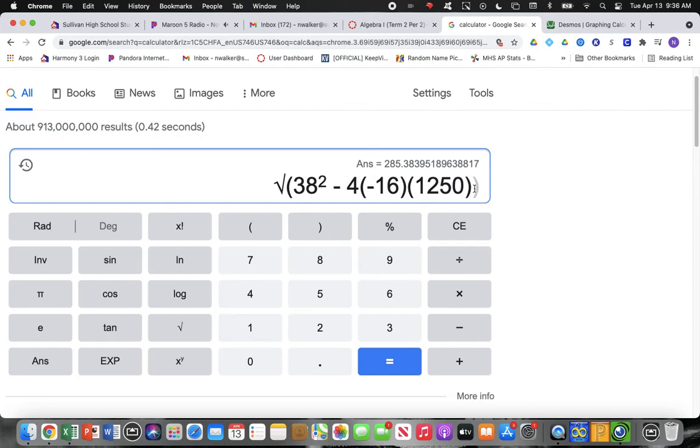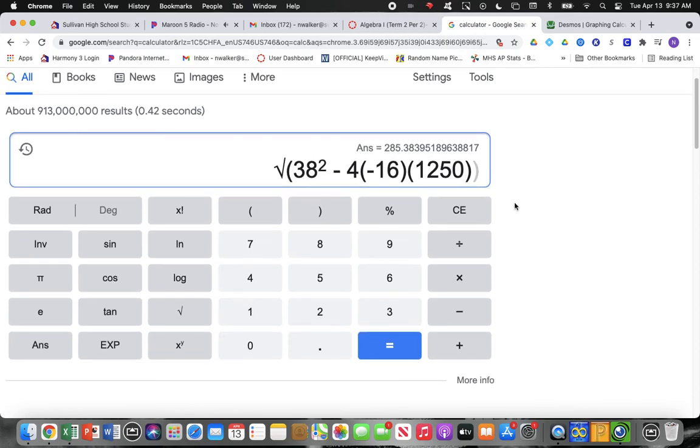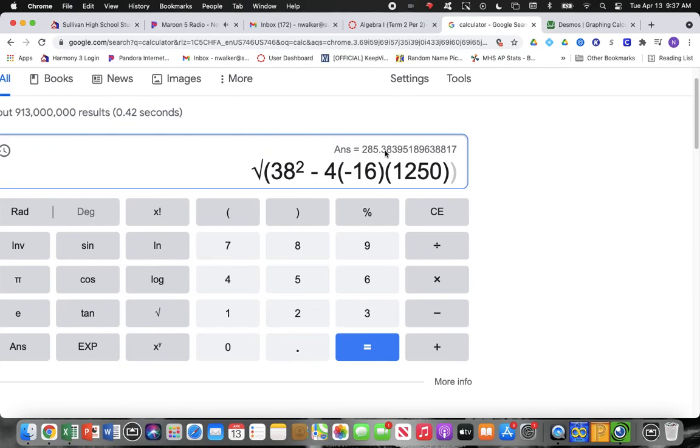Do you see how everything that I typed in, you can type in on your Google calculator, the entire quadratic formula, and it'll go ahead and simplify that for you.